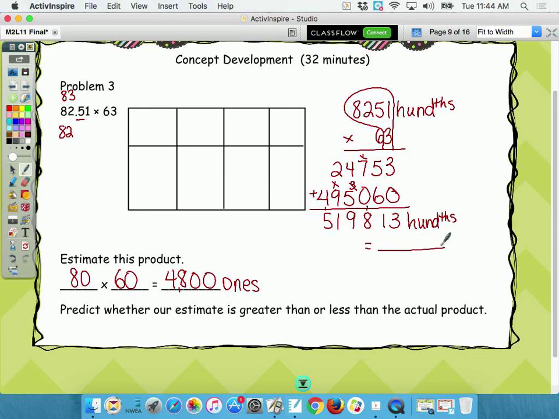If you're like me and you don't have room to write standard form beside it, you can always just write it below.